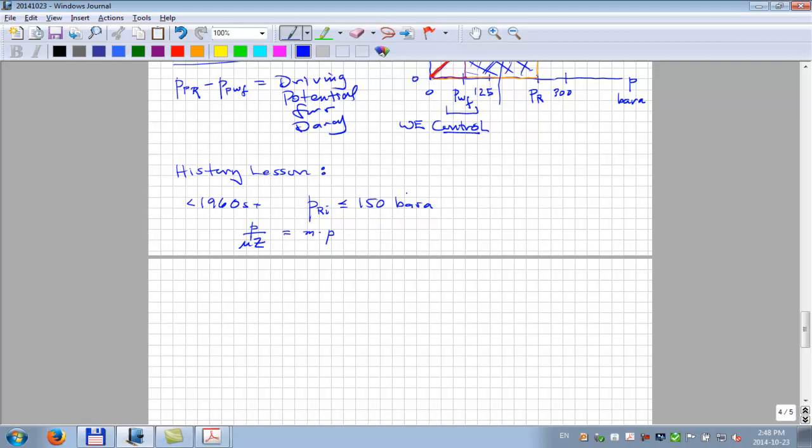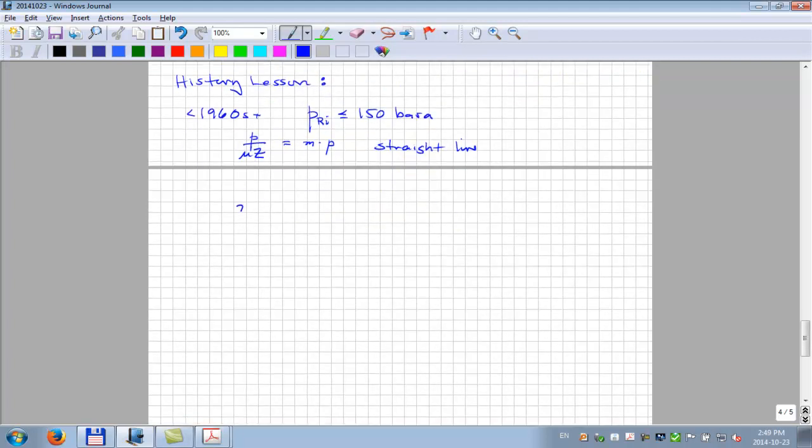M is just, it's a straight line. And if you introduce that, then you end up with the equation for low pressure, the so-called low pressure gas rate equation.